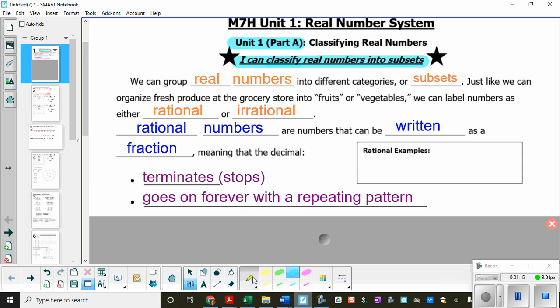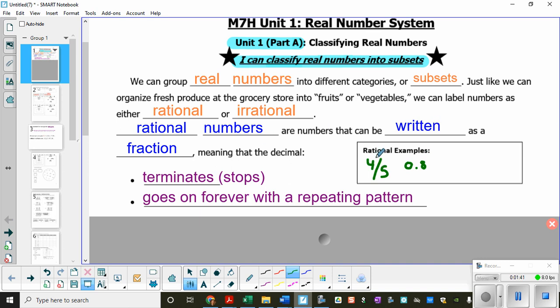These are the things that would describe and define a rational number, and I'm going to give you some examples. A rational number is first and foremost something that can be written as a fraction. For example, the number 4/5 is rational because it is a fraction. As a decimal, this decimal would stop, it terminates, it is simply 0.8, just 8/10. That's what I mean by it can be written as a fraction.